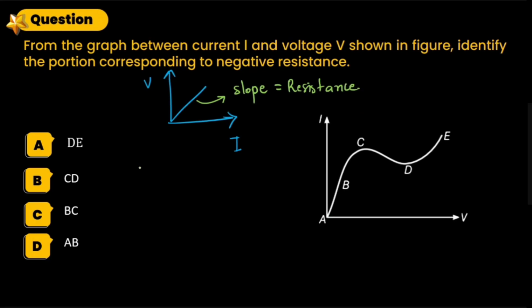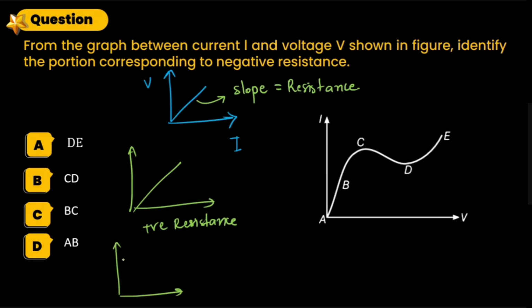So if the graph for a conductor is going upward, it means positive resistance. If the graph of the conductor is going somewhat like this, it means negative resistance.